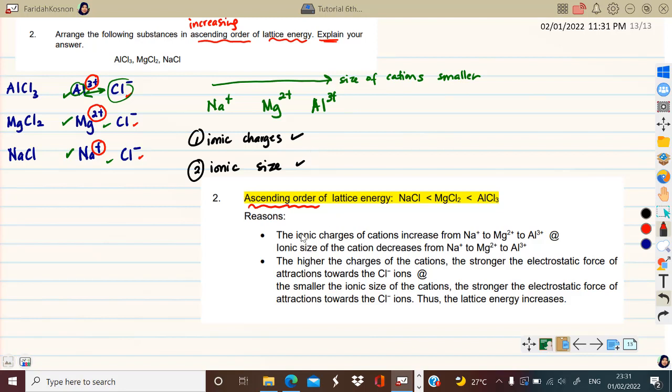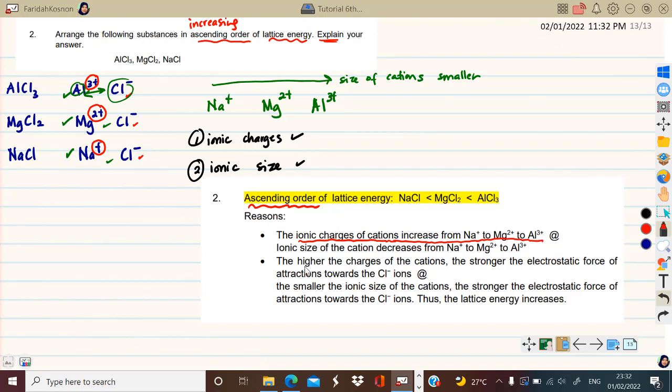So you kena susun, maksudnya lagi greater, the bigger or the larger the charges, ataupun bila dia punya charge increases, the electrostatic attraction juga akan become stronger. Jadi you tengok kat sini kalau kita guna ionic charges, the ionic charges of cations increase from sodium ion to magnesium ion to aluminium ion.